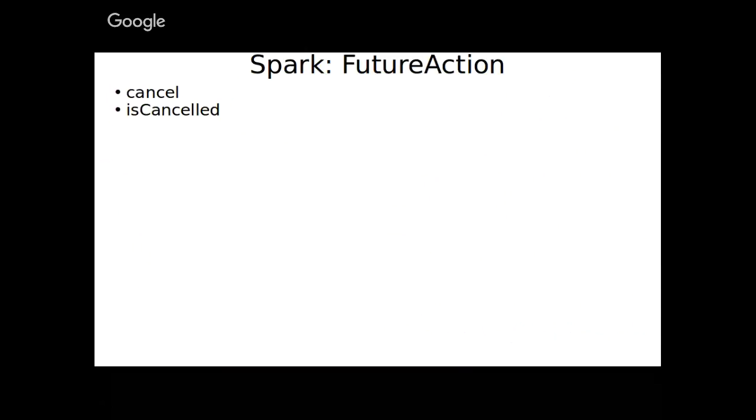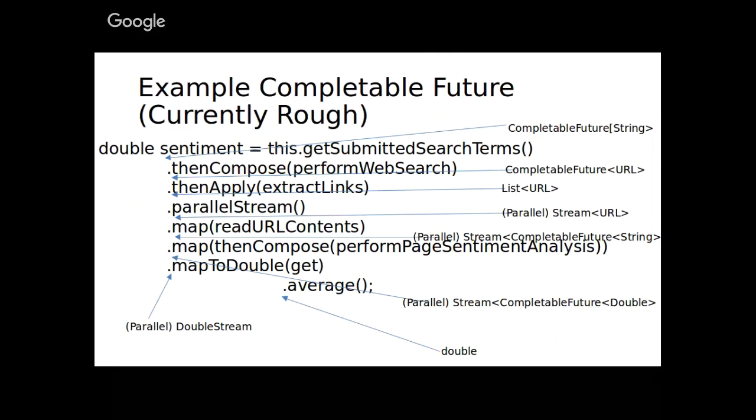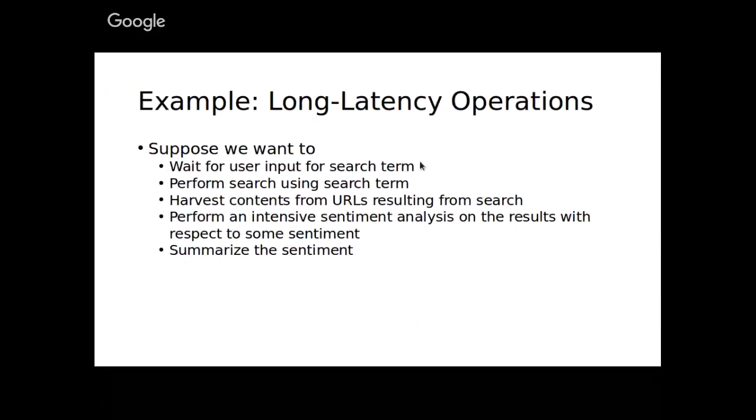So here, for example, if we were to go through this example more completely, which unfortunately we don't have time to do here, we could, for example, when we're going through these search terms, harvest content from URLs for each of the pages returned. Maybe we find the content we're looking for.